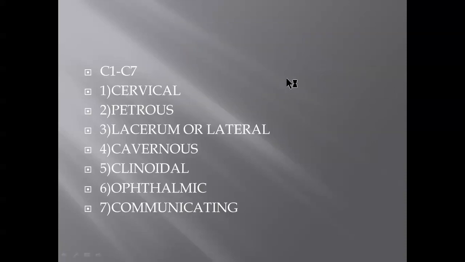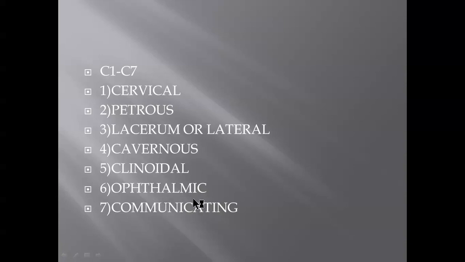So this is all about the Boutelier classification: cervical segment, C1, C2 petrous segment, lacerum or the lateral C3 segment, cavernous, clinoidal C5, ophthalmic C6, and communicating C7. So this C3 and C5 were added in the Boutelier classification. Rest, ophthalmic and communicating itself, were present in the Gibo classification.